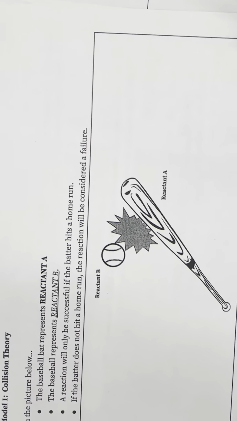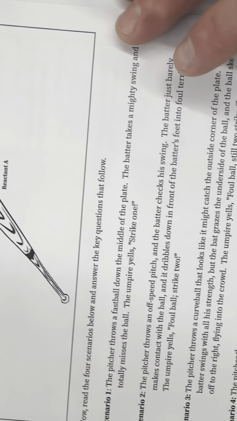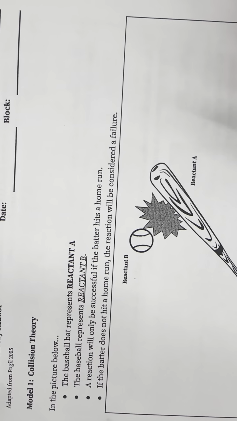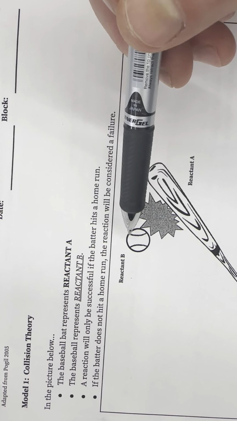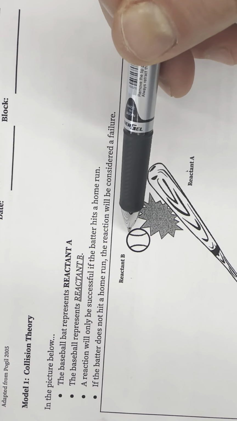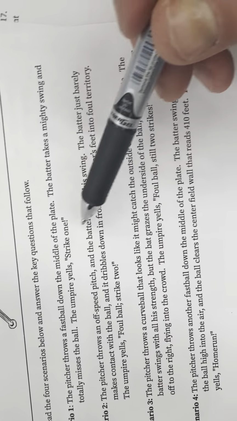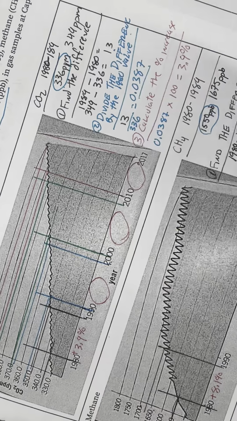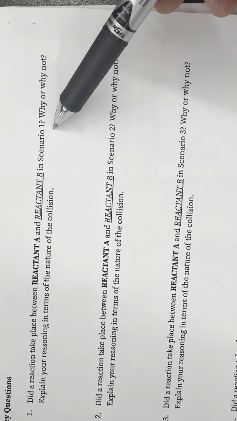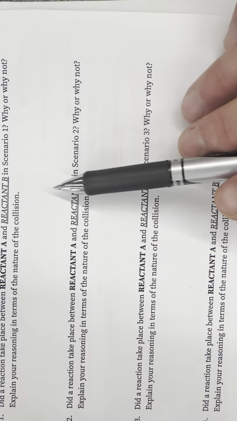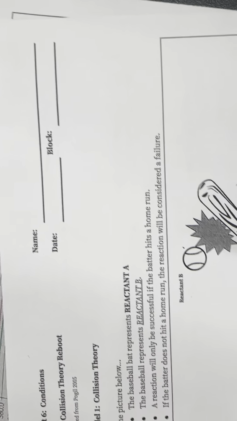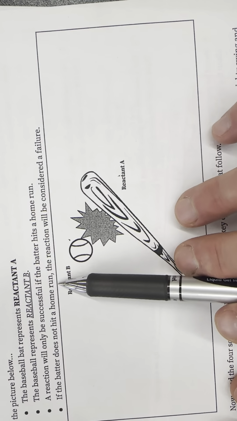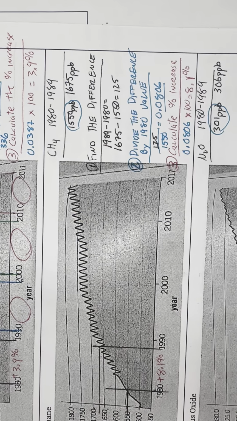So your packet that you're going to get today in class starts with this, and you have to complete this here, okay? This is where we have reactant A, which is a baseball bat, and reactant B, which is a baseball, and there are 4 scenarios, and then you have to identify, based on scenario 1, 2, 3, or 4, whether or not the reaction occurred. The reaction will occur if a home run is hit. If there's no home run hit, it's considered a failure.